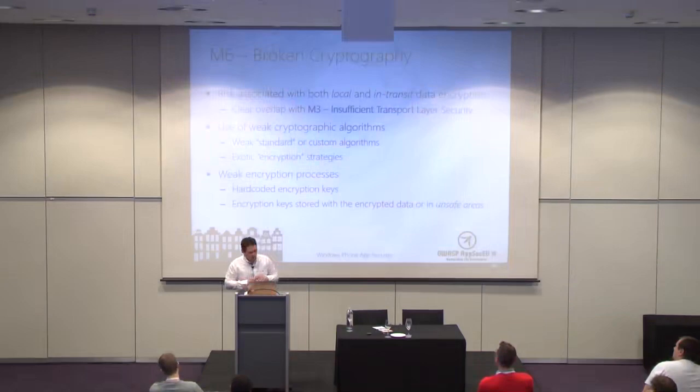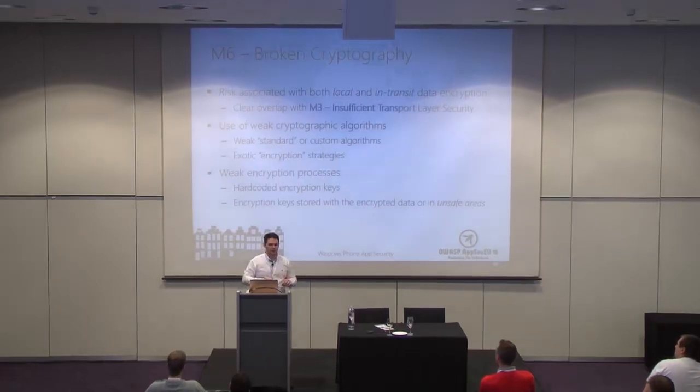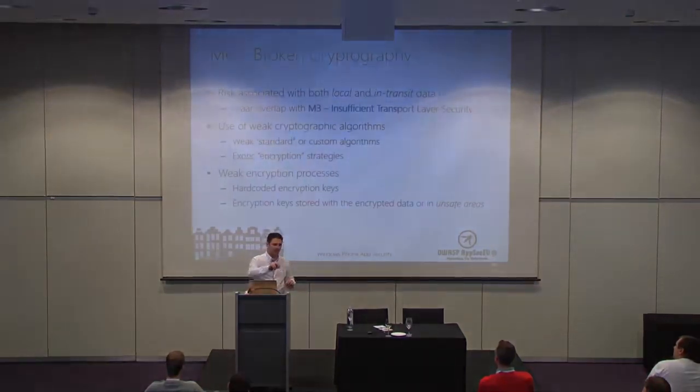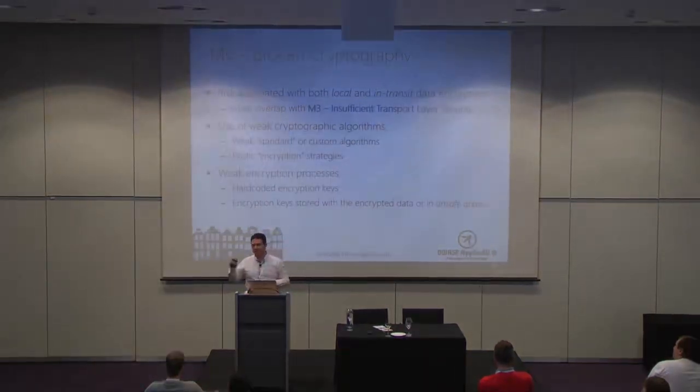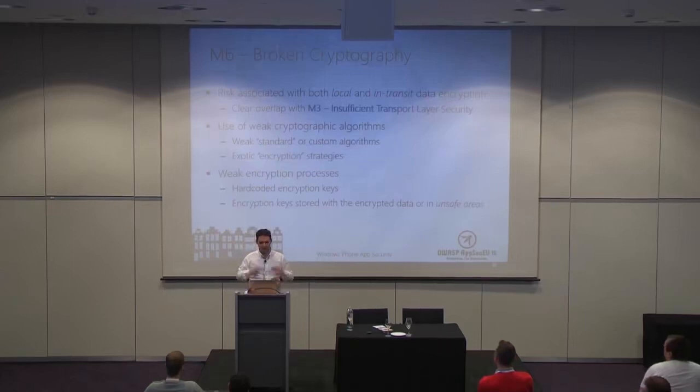And we may also have some problems related to the encryption process. For example, if you store the encryption key in the same place where the data we are encrypting is placed, or if you store the key inside an unsafe area of the file system, or once again, if you embed the key inside our code. As I told you before, if you place a secret inside the code, that's not a secret. You are just giving anyone the secret itself.